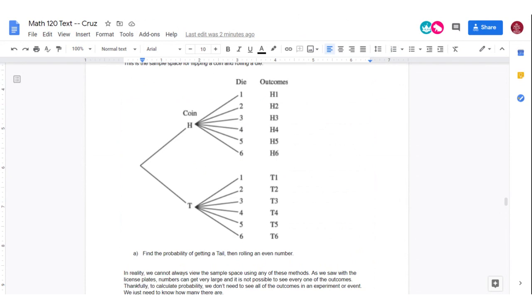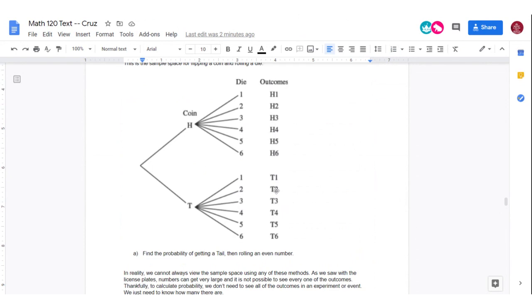All right, so what we want is to have a tail and an even number. So that leaves out anything in the first half up here, right? None of these have a tail. They have even numbers, and then these down here are the ones that are tails. So the ones we're looking at are the even numbers, which would include 2, 4, and 6.